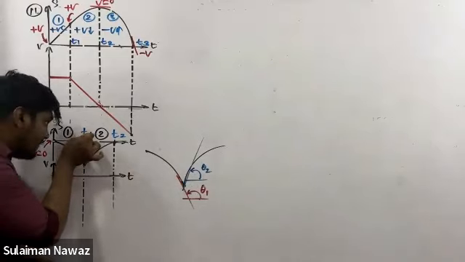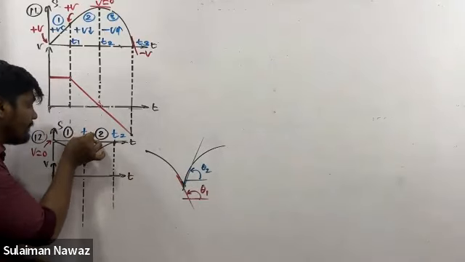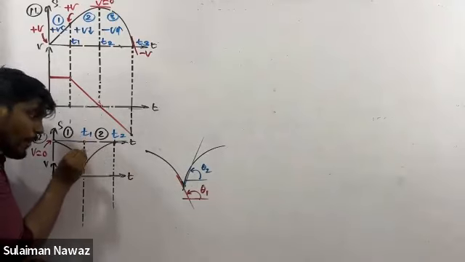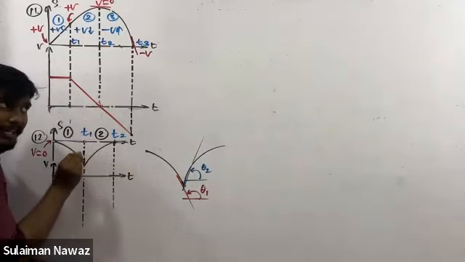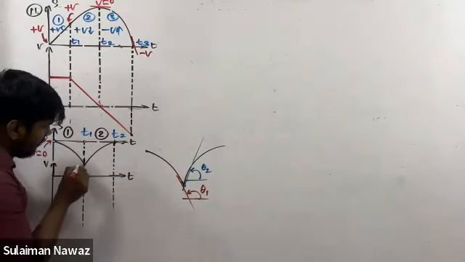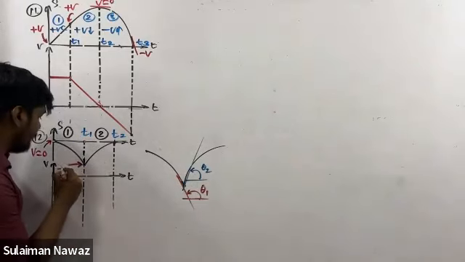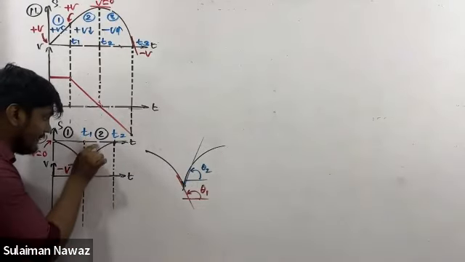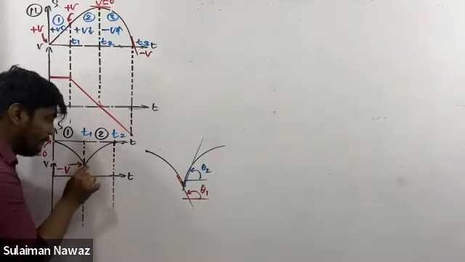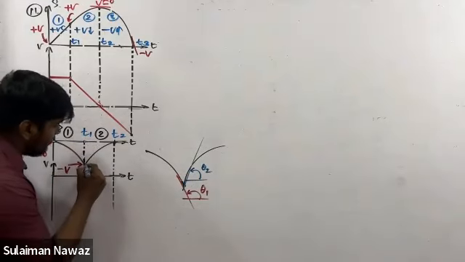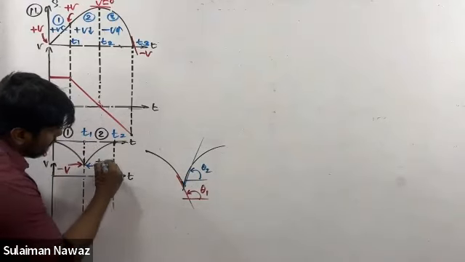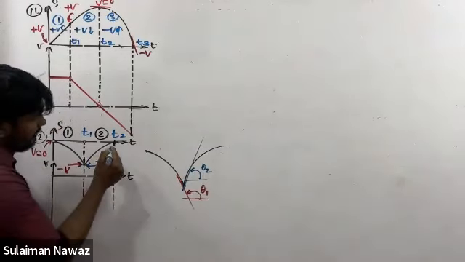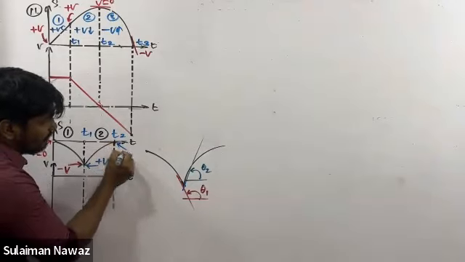At time t1, the velocity is obtuse, that means negative velocity. But in the second graph, at the initial point, velocity is positive. When I draw a tangent at time t, velocity is 0.